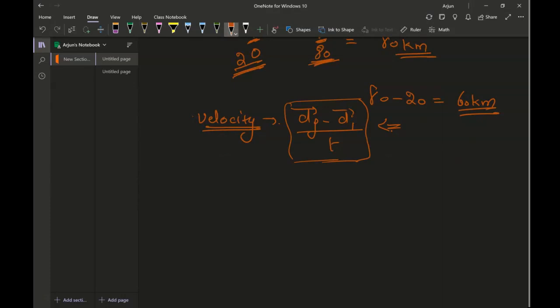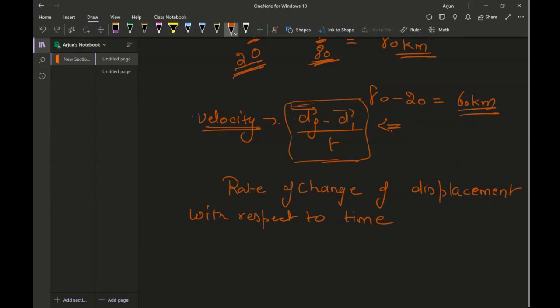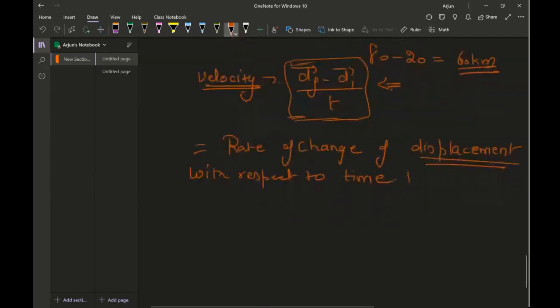So it is the rate of change of displacement with respect to time. That is velocity in a given direction. Well, because it is a displacement, so it will always be in a given direction.